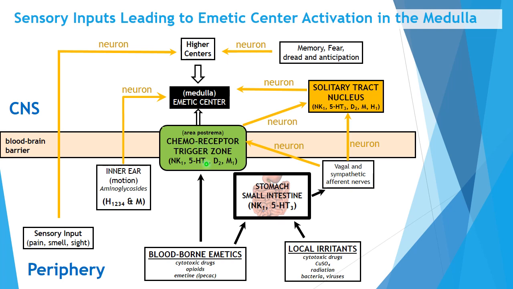And what this is supposed to be, this is not anatomically correct, the layout of this, but it's supposed to mean that the top here is like, once you get into the central nervous system, the bottom is the peripheral, the rest of the body. The blood-brain barrier, remember, that's just the capillaries in the brain. Now, the chemoreceptor trigger zone, I'm just trying to show you that that is exposed.